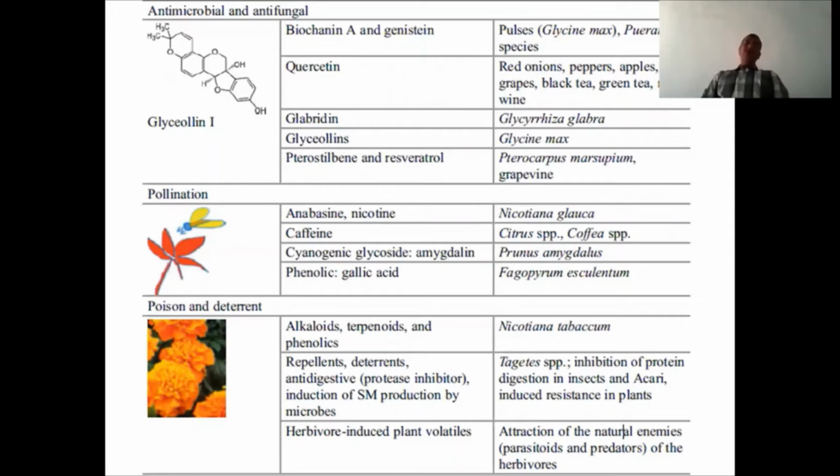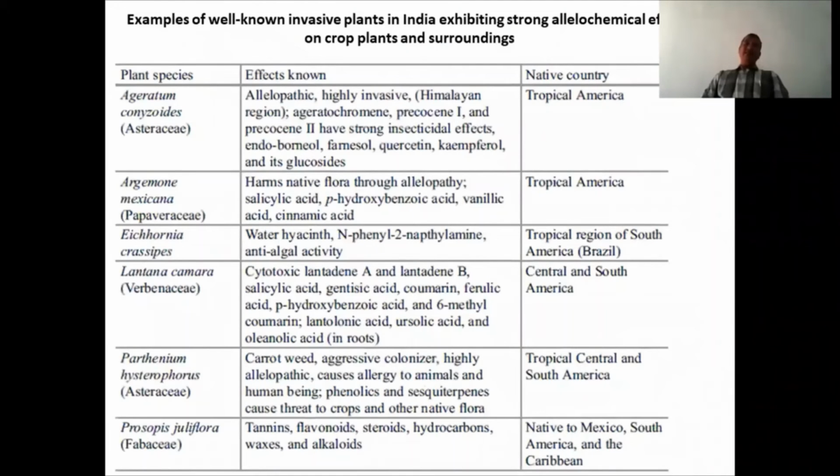And I am going to show you one table. In this table, I am going to show you some important examples of Indian plants, where they have originated from, and what effects they show.